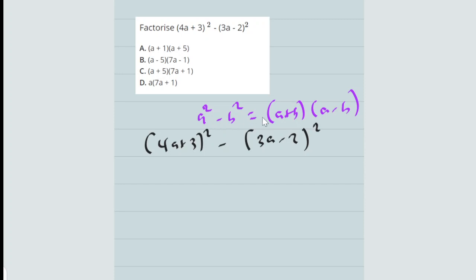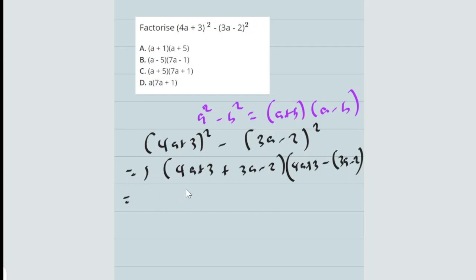Don't forget, when you have difference of two squares like this, that is an element squared minus the other element squared, the law says just add the first elements together, multiply by, then subtract them. So this is going to give me 4a plus 3 plus 3a minus 2, multiplied by 4a plus 3 minus (3a minus 2).